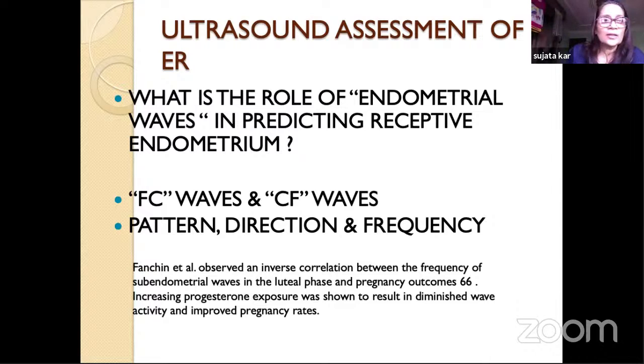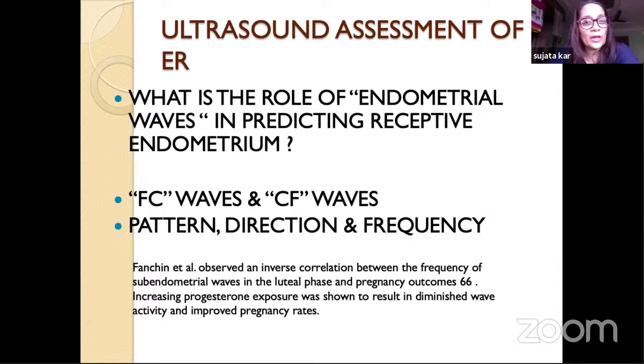Ultrasound assessment also has not proven very useful. There were many techniques and many publications related to 3D ultrasound volume calculation, 3D power Doppler, and 3D blood flow studies of the endometrium to assess endometrial receptivity, but the evidence is not supportive yet.